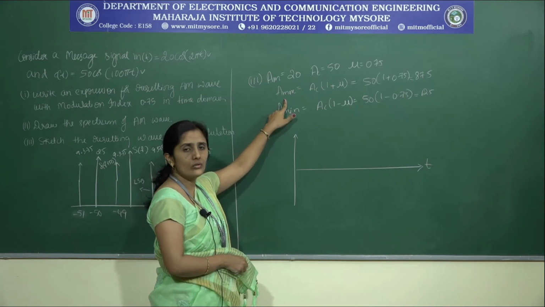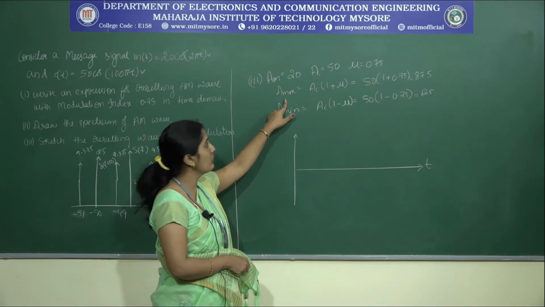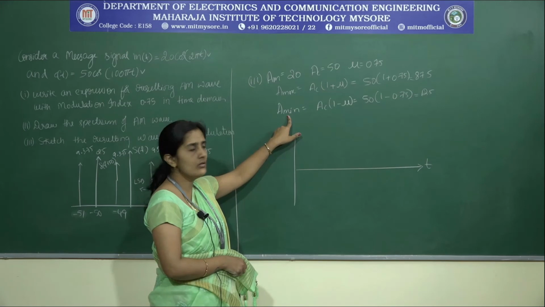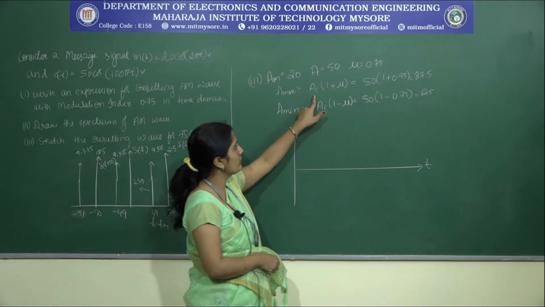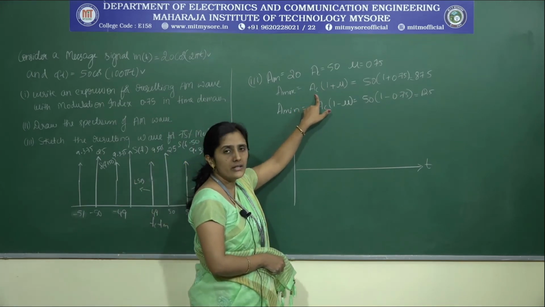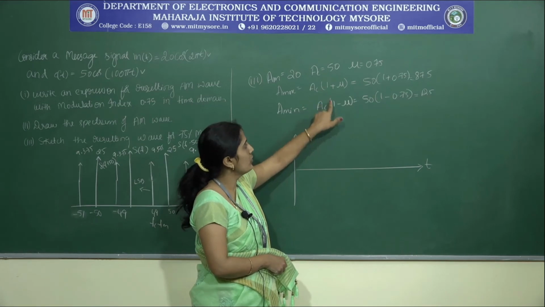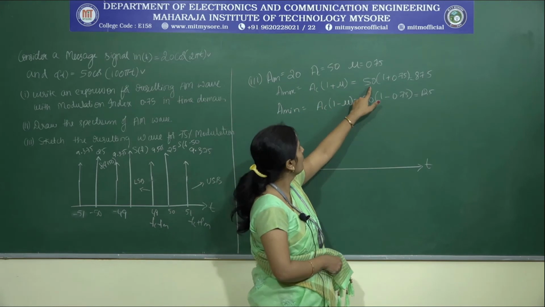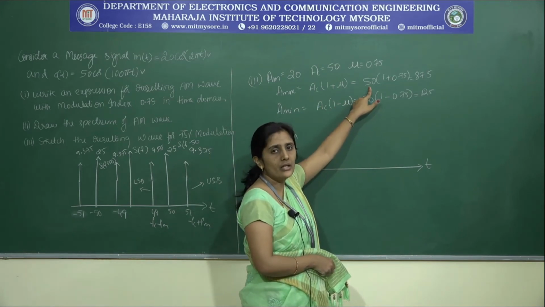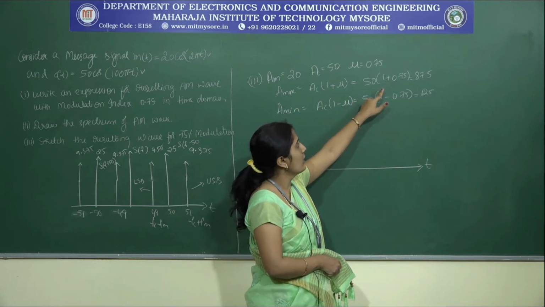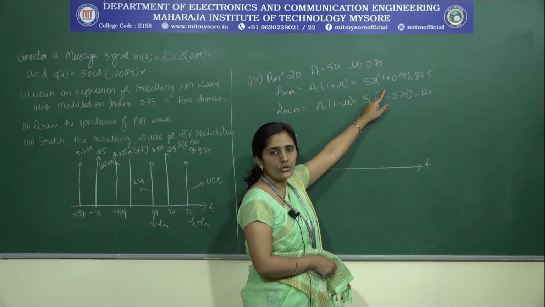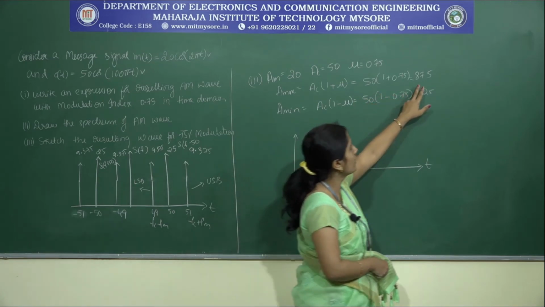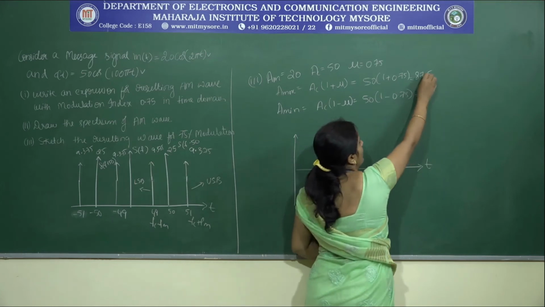In order to obtain the maximum amplitude and the minimum amplitude values, we know the formula from the previous classes, that is Ac into 1 plus mu and Ac into 1 minus mu. After substituting that, the amplitude of the carrier is 50, 1 plus modulation index 0.75. So, we are going to get the value 87.5.